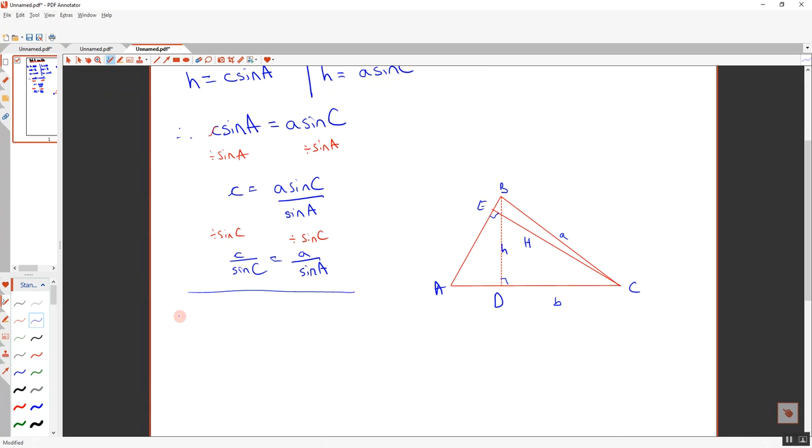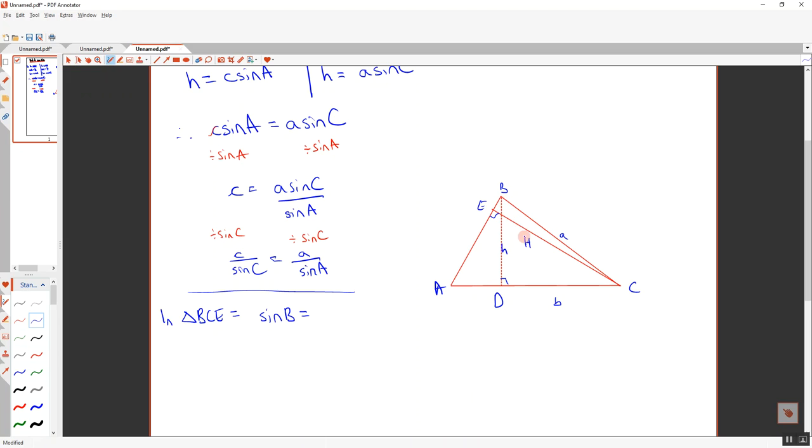We're going to say in triangle BCE, this little one, sine of B is equal to opposite over hypotenuse. This is a right angle here.